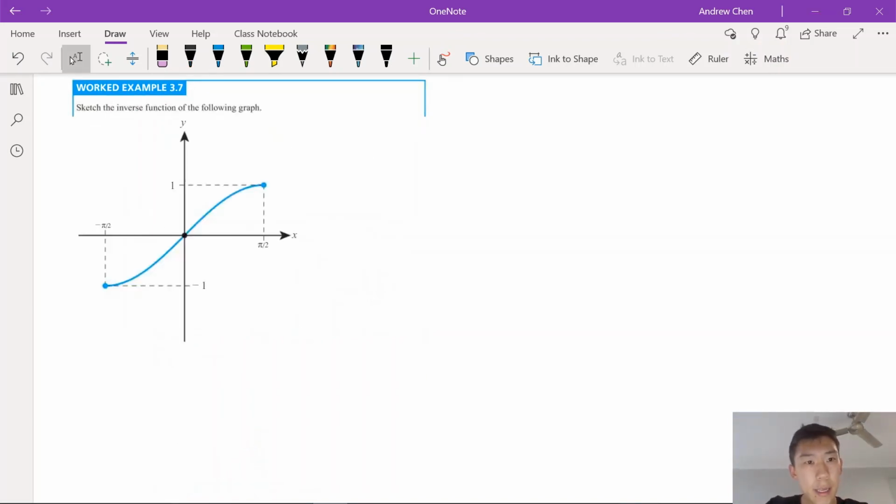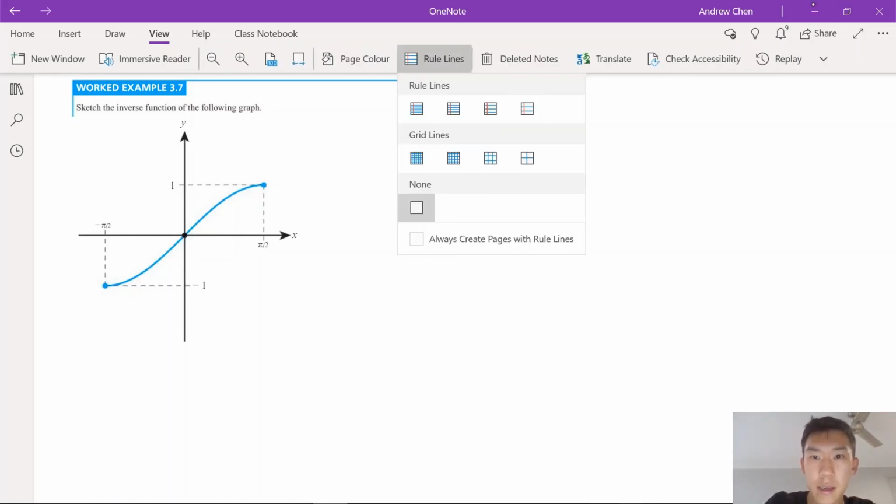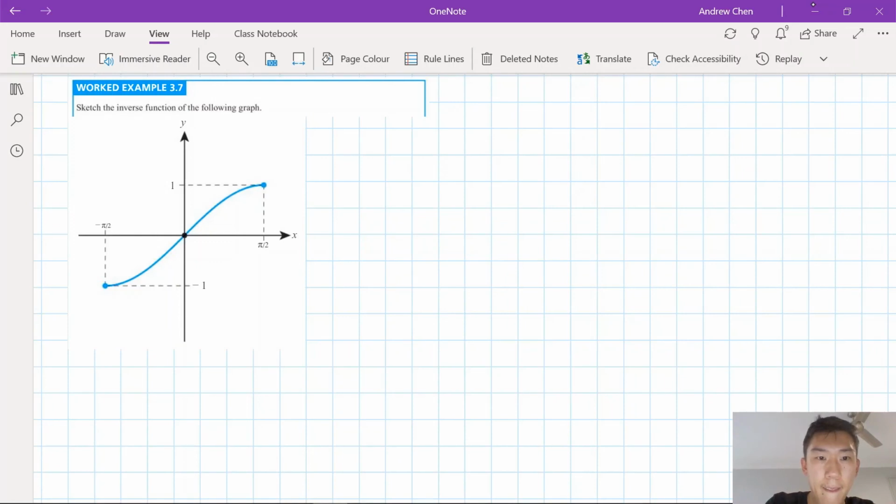And finally, example 3.7, sketch the inverse function of the following graph. Okay, inverse functions, I'll show you 2 ways. This is going to be tricky because I'm trying to do it on a screen, so let's see how we go. Let me put up some grids.